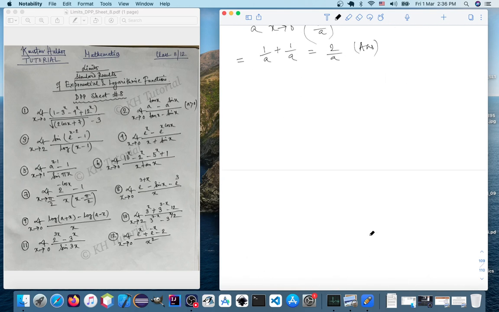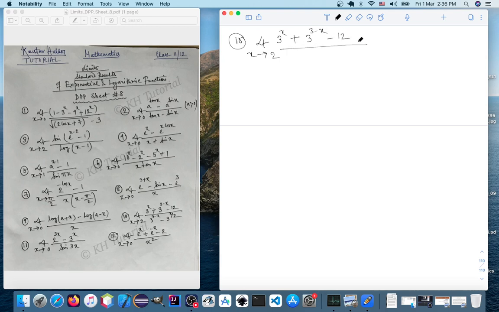Let's see the next problem. Question 10 says limit x tending to 2, 3 to the power x plus 3 to the power 3 minus x minus 12, divided by 3 to the power 3 minus x minus 3 to the power 3x by 2.